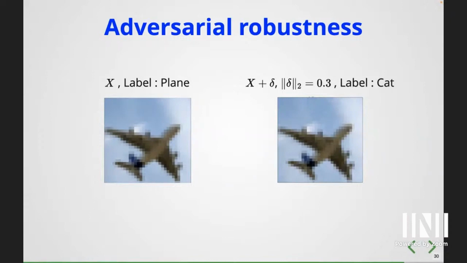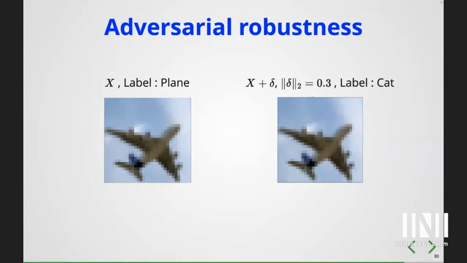This image is classified with 99% certainty as a plane, and then you have this perturbation in the infinity norm that for us is unperceivable, and the network will classify it as a cat with the same kind of certainty. So this is not a reliable prediction, of course.